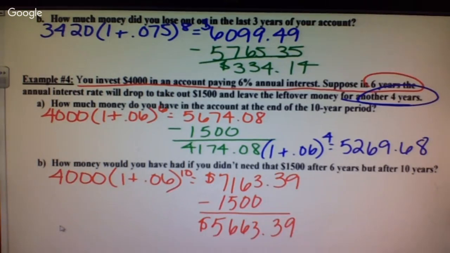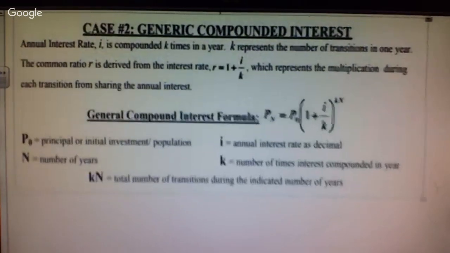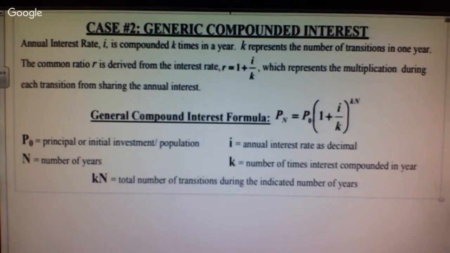All right. So this is, again, if it's happening yearly. There are some places where you can invest some money and it's going to be compounded quarterly, monthly, or daily. So my equation is going to change a little bit if it's not happening yearly. Everything else stays the same: this is your initial amount, this is the interest rate, this is how many times.